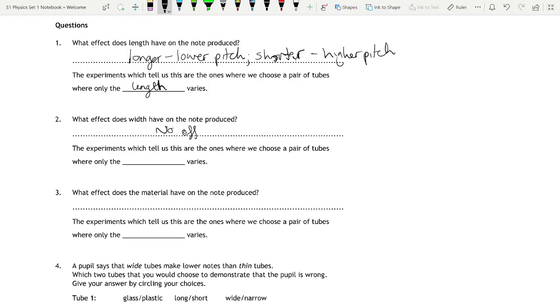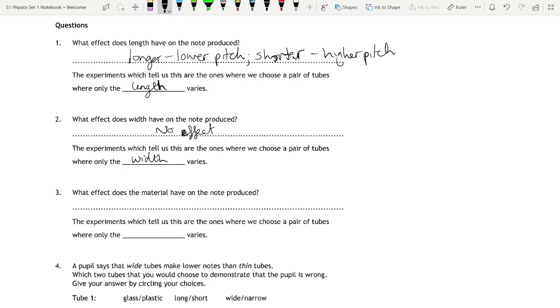It's okay to say no effect sometimes, okay? You don't always have to have an answer. So no effect. The experiments which tell us this, the ones where we choose a pair of tubes where only one thing varies, and that is, yeah, the width.